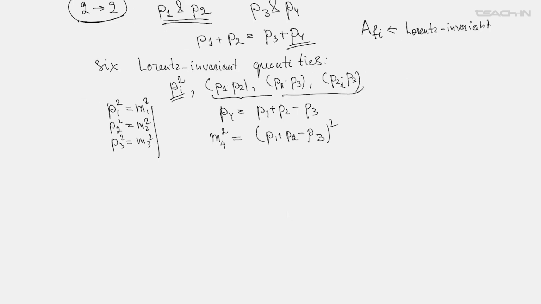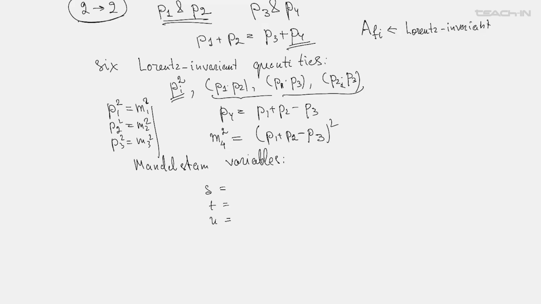They are called Mandelstam variables, introduced by Mandelstam. These are s, t, and u, three variables corresponding to three reaction channels.